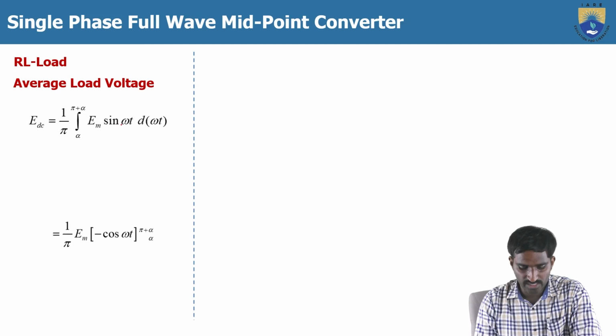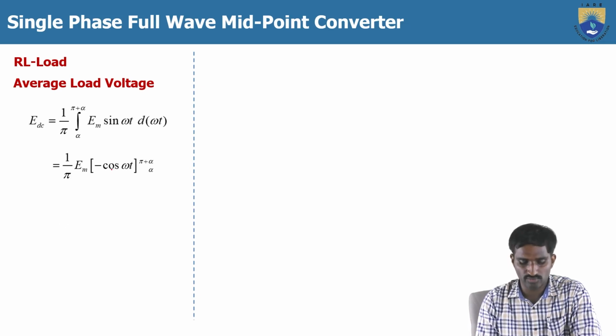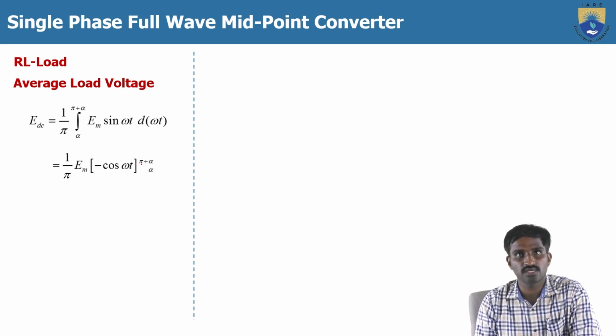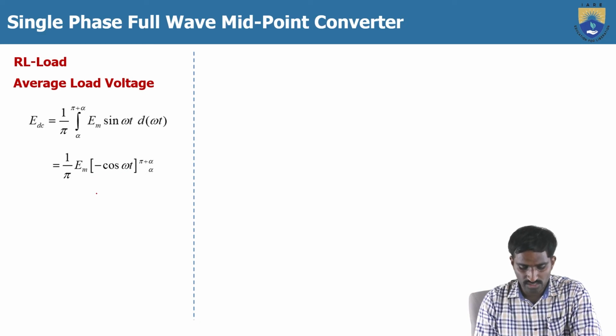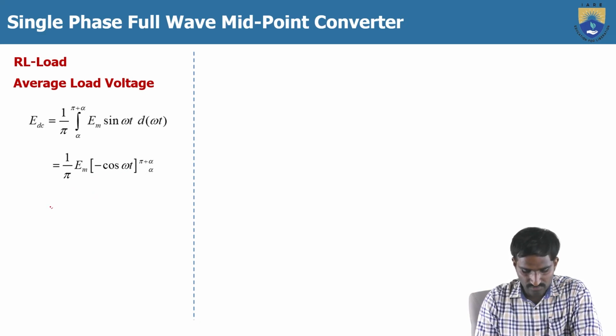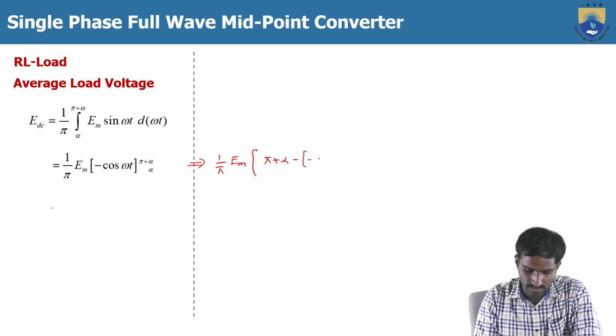The integral of sine omega t is minus cos omega t, and applying the limits alpha to pi plus alpha, we get 1 by pi into Em into minus cos of pi plus alpha, minus, minus cos alpha.